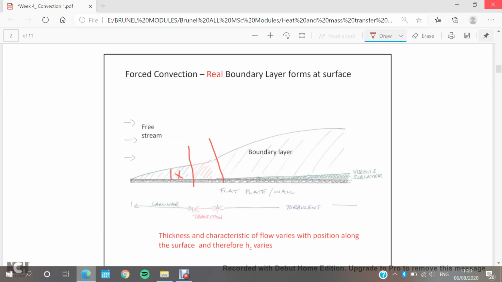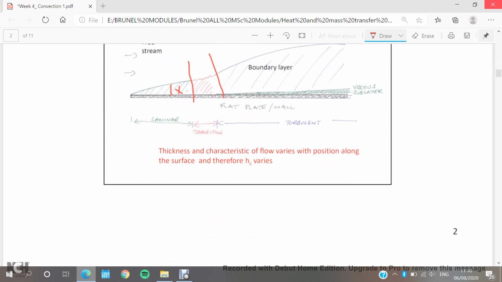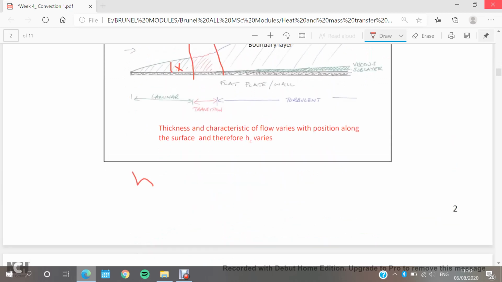From now on we will call X as lambda, and this lambda is known as the thermal or velocity boundary layer thickness, as we will say later. Here lambda or X is much less than in the turbulent zone. We said that h is equal to lambda divided by x, correct?